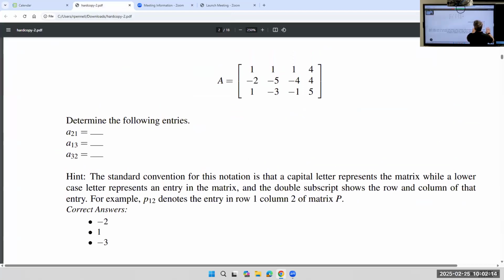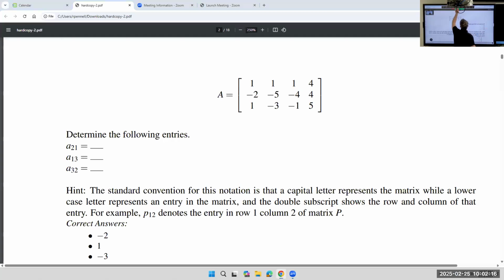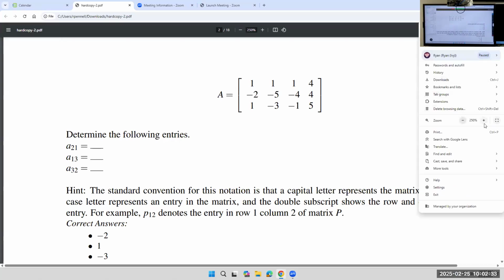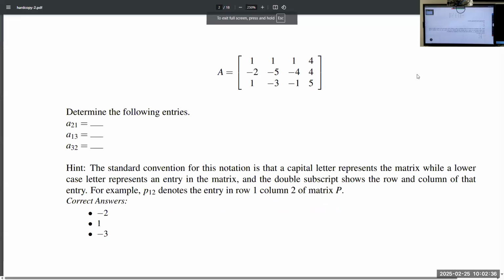There are some easy problems and some hard problems, but since we haven't looked at matrices in a while, we should go over all of it. So the first few problems are just identifying what's going on.